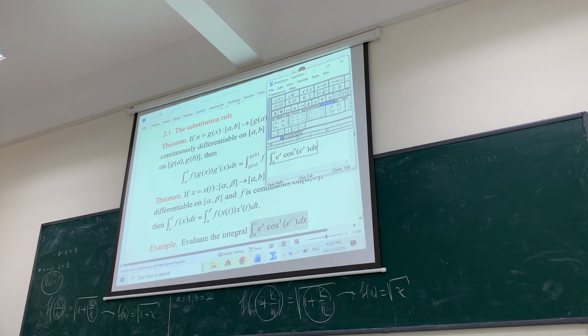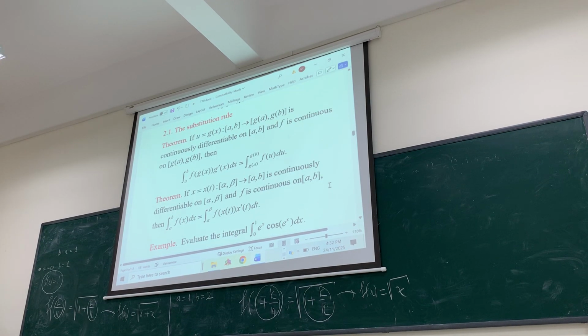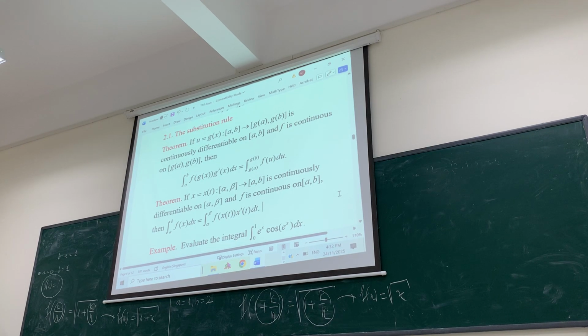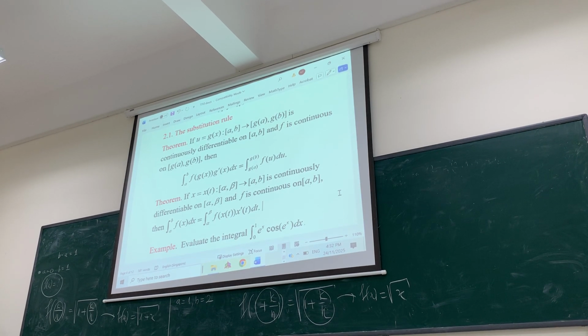Okay, let me give you an example. Evaluate the integral from 0 to 1 of exponent n cosine exponent here.